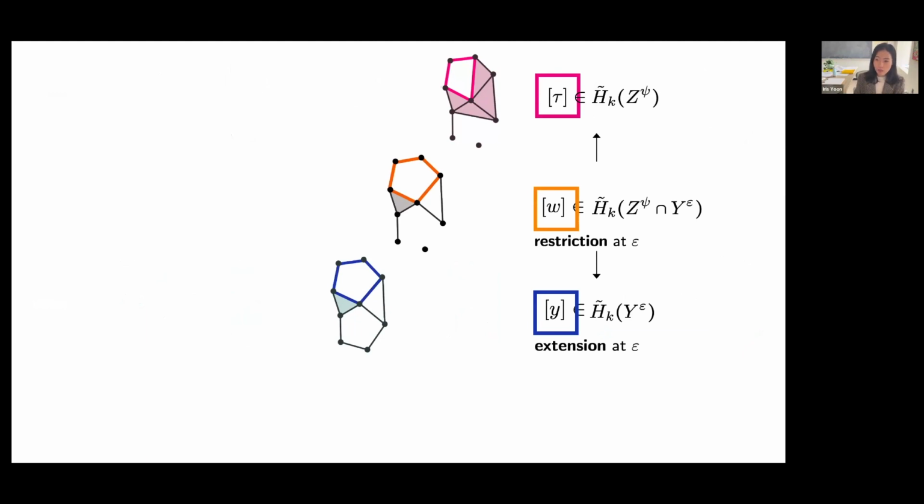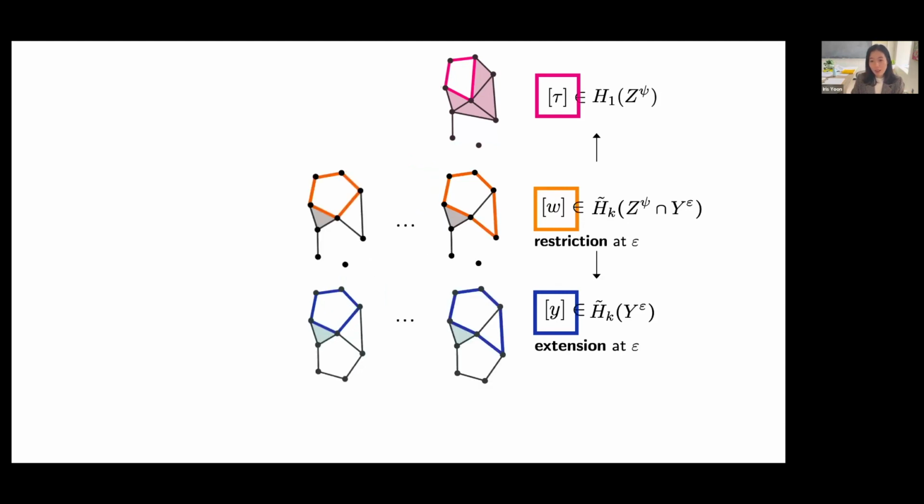You can also look for the image of that orange class to the bottom. Then that image shown here in navy is going to be very similar to the homology class on the top. So you can use this method to look for homology classes in the bottom complex that are similar to the one on the top. And this is not unique. There might be multiple of these, and that's okay.